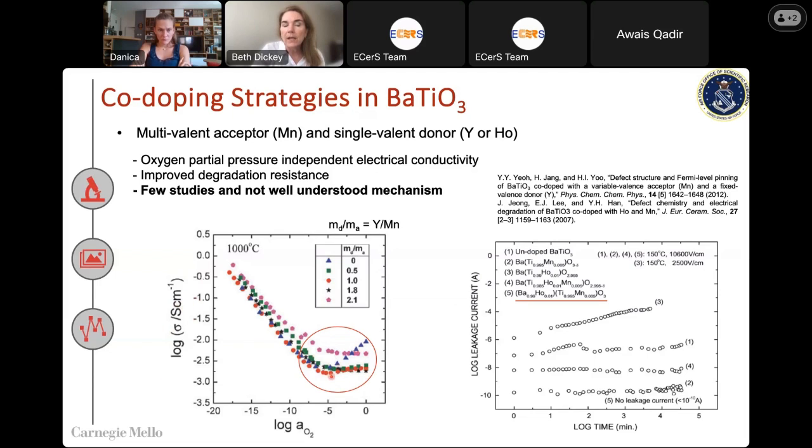And also it can be, in some cases, pretty independent of the local oxygen activity, and also lead to, this is time-dependent conductivity on the left-hand side, a suppression of the initial conductivity, but also it not changing much as a function of time under a voltage.